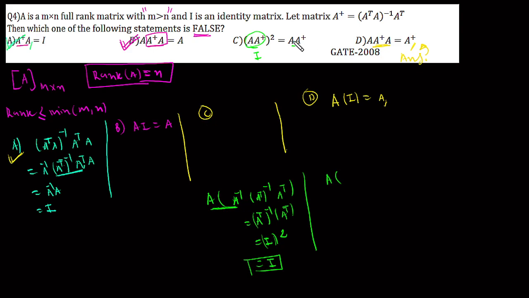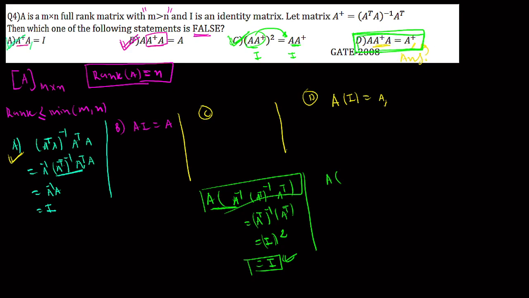On the right hand side they have not written the identity matrix, but this is nothing but the identity matrix in hidden form. We have proven it. So yes, it is the correct statement and it is not the answer for this question. The only option D is the answer for this question.